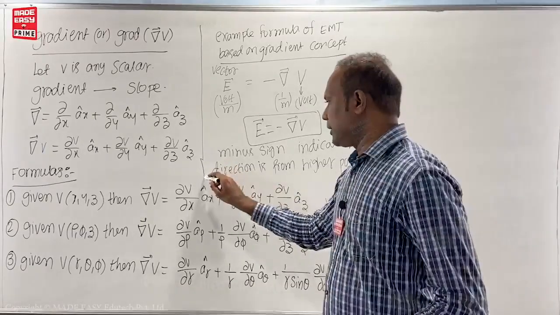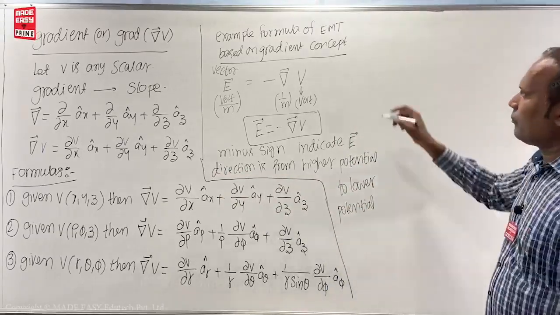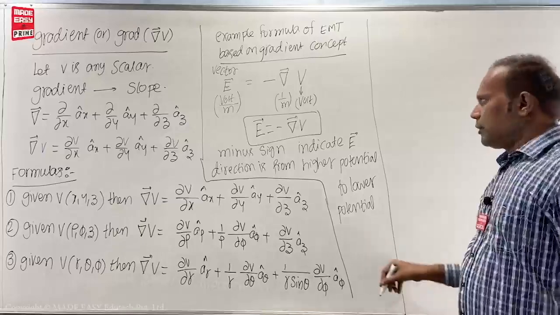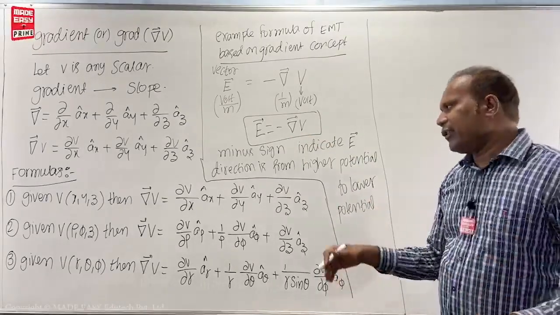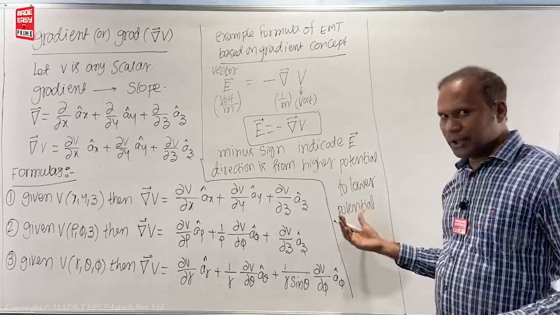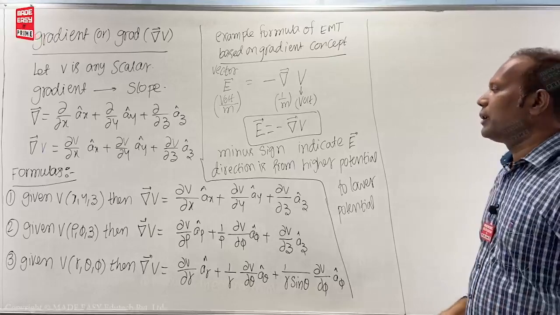So that is the meaning of that. Okay. So if you take the minus sign in the formula, then actually the electric field direction is from higher potential to lower potential.